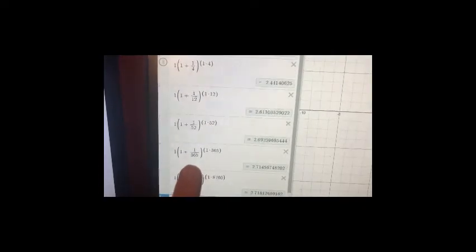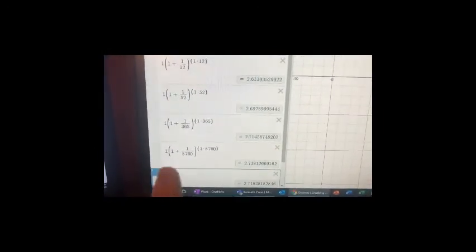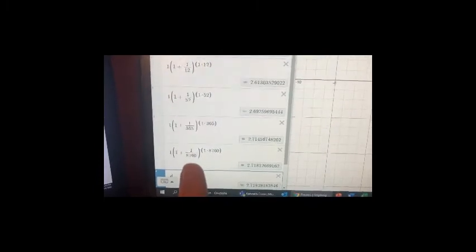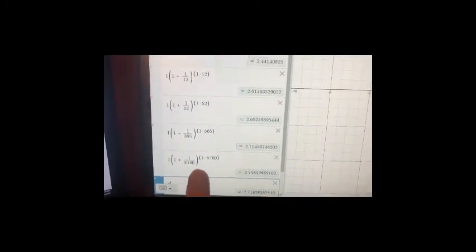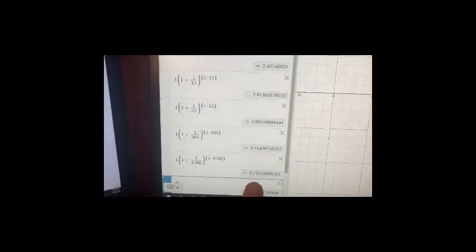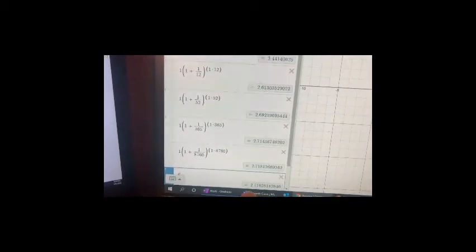If I compound daily, since there are 365 days in a year, I get $2.71. That's getting really close. I threw in 8,760 because that's how many hours there are in a year. So if I compound hourly for the whole year, I get 2.718. And remember, E, which I wrote right here, is about 2.718.